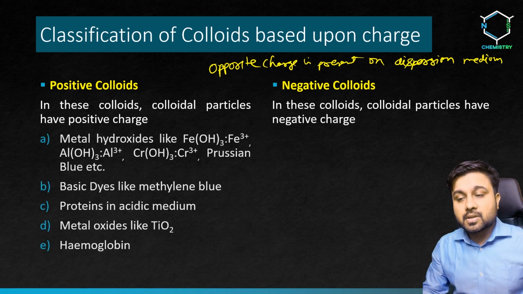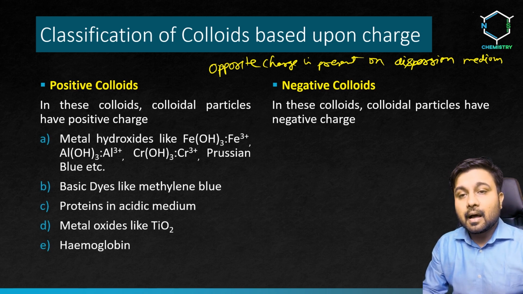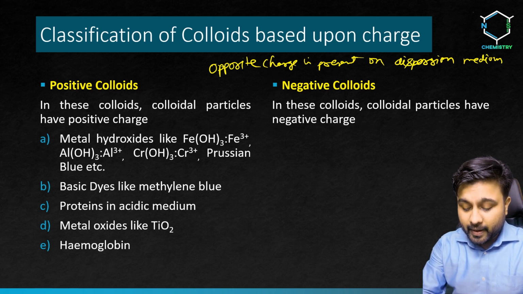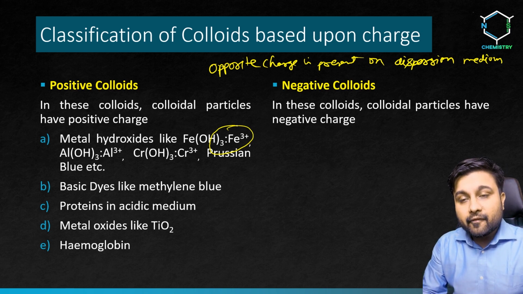Some examples of positive colloids are the metal hydroxide and metal oxide colloids. All the metal hydroxide colloids, like Fe(OH)3, Al(OH)3, Cr(OH)3, all of these metal hydroxide salts are positively charged. Here you may notice that we have written colon Fe3+.